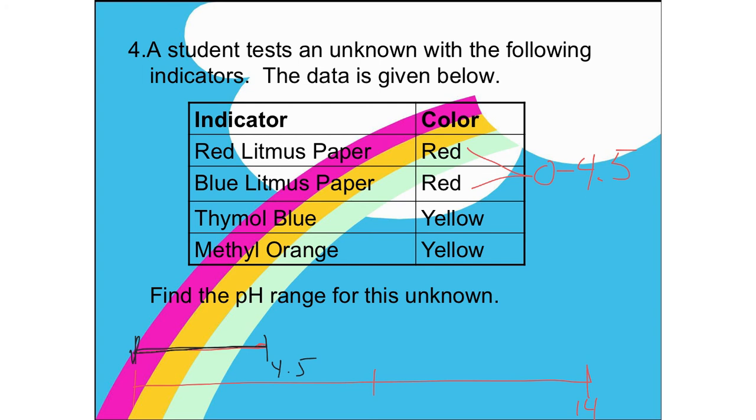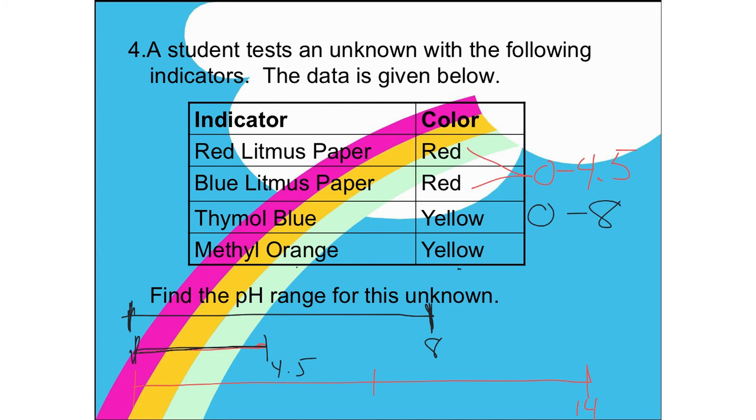All right, thymol blue, yellow. So I look at my table. If thymol blue turns yellow, what that tells me is my pH is something below 8. So that was actually no use whatsoever, because I still would say now my pH is 0 to 4.5 because that's where they overlap. All right, methyl orange was yellow.